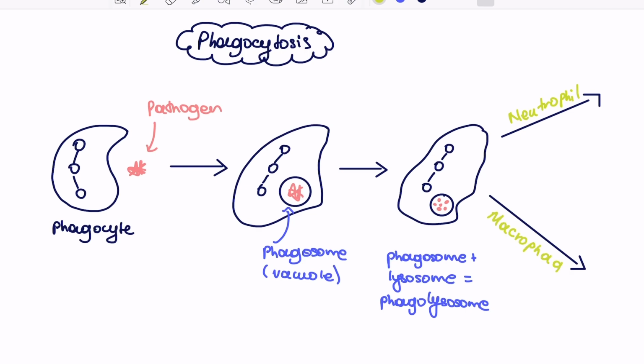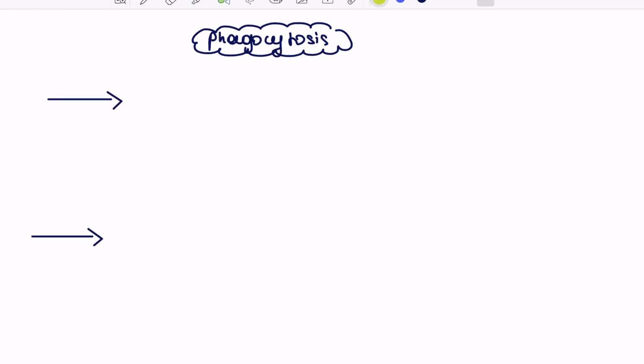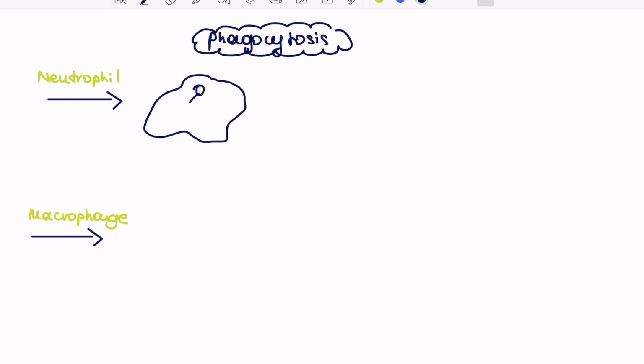Right, so up to now, the pathway of phagocytosis is very similar for neutrophil and macrophage for the purposes of A-level biology. But the final stages of phagocytosis are going to vary between the neutrophils and macrophage, and this is what's going to happen now. Okay, so let's separate them into two, and we're going to have neutrophils here above.